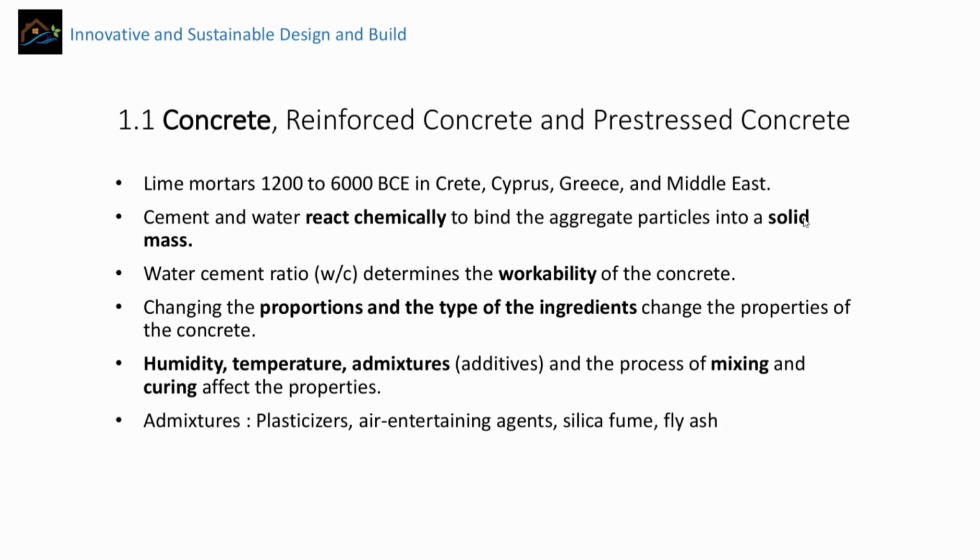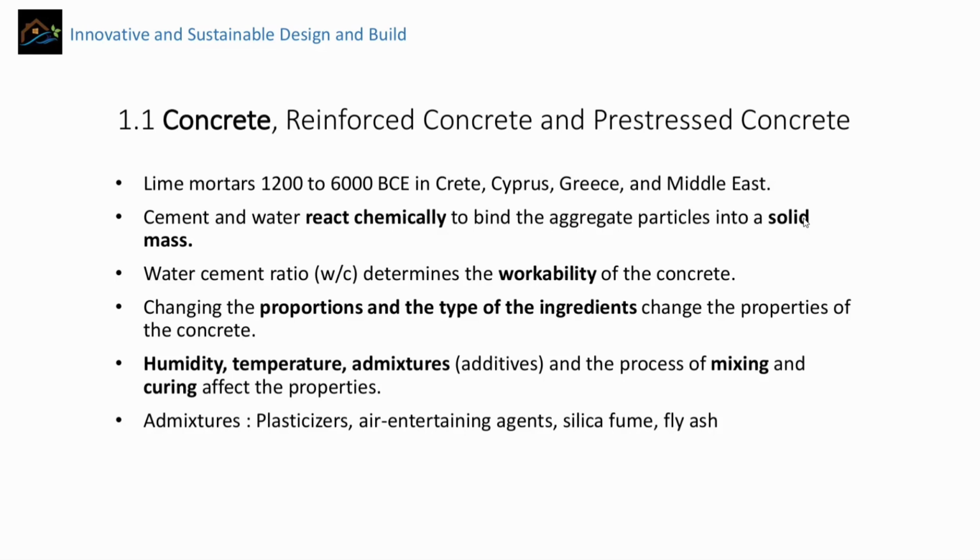And the type of admixtures that we use, we call them additives, also affects the properties. There are various types of admixtures that we mix with these essential ingredients of the concrete, and they change the workability and the strength and the other properties of the concrete.